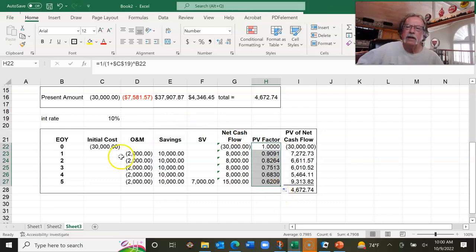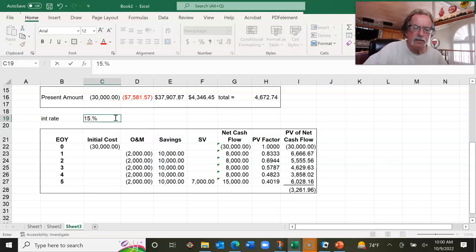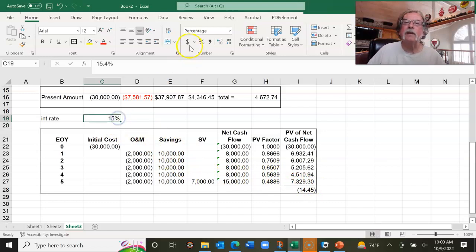And so you could say, okay, well, we can just tinker with this. I want the present worth to be 0. That will give me the rate of return. 12%, 20%. I think you saw the answer, 15.4%. That's effectively 0. Let's go back to 10%.